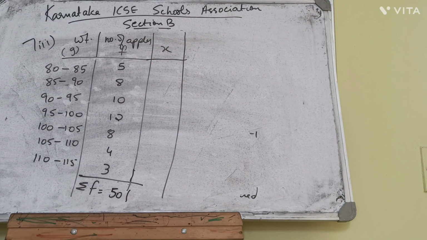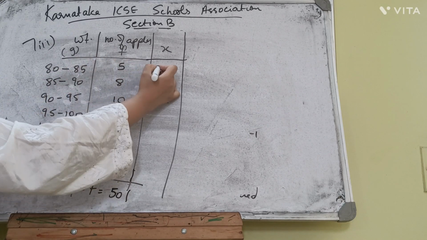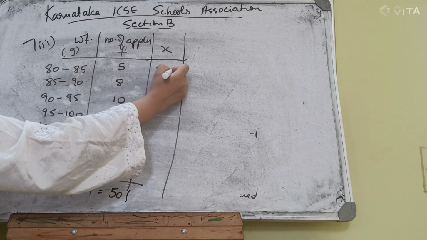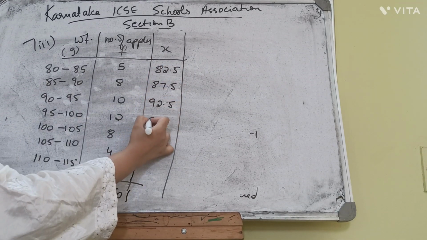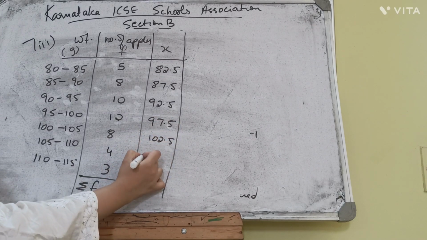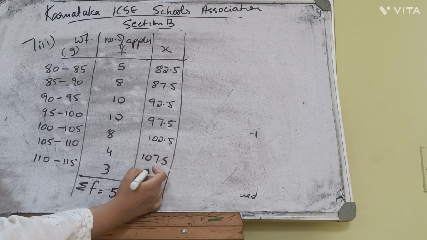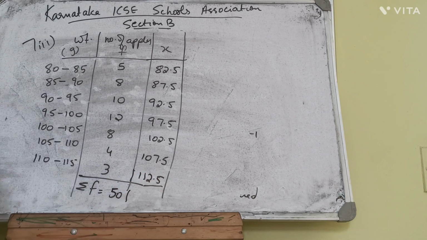Then we will find the x value. So x, how do we get? We need to add these two and divide by 2. So the central number here will be 82.5, then 87.5, 92.5, 97.5, 102.5, 107.5 and 112.5.